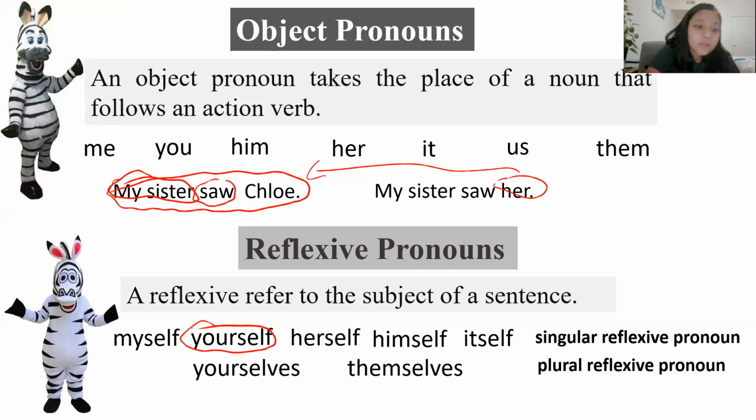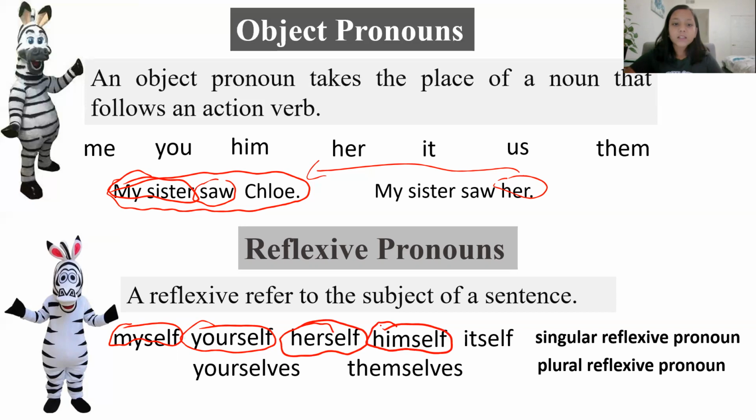That's another reflexive pronoun. And if Chloe looks in the mirror, she would see herself. And if Rohan looks in the mirror, it's himself. So, now do you get me? Okay, so let's move on.